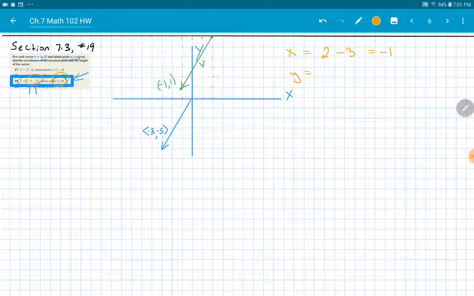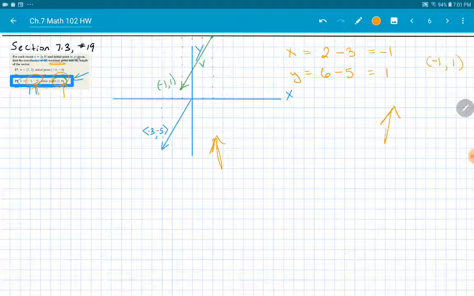And the y, I start at 6 and I go -5 from there, which equals 1. So I can see that my ending ordered pair will be -1, 1. So two different ways to do it. You can do it graphically or algebraically, and you get the same terminal point. So that's our terminal point.